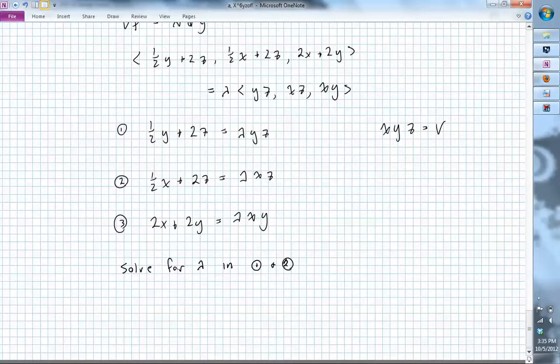In 1 and 2. So if I do that, I get 1 over 2z plus 2 over y, and I get 1 over 2z plus 2 over x.